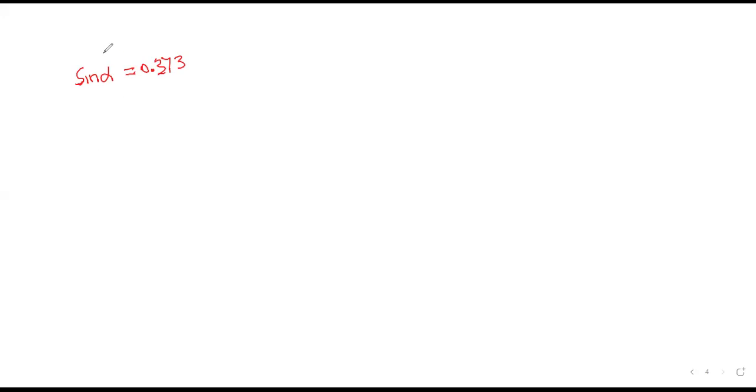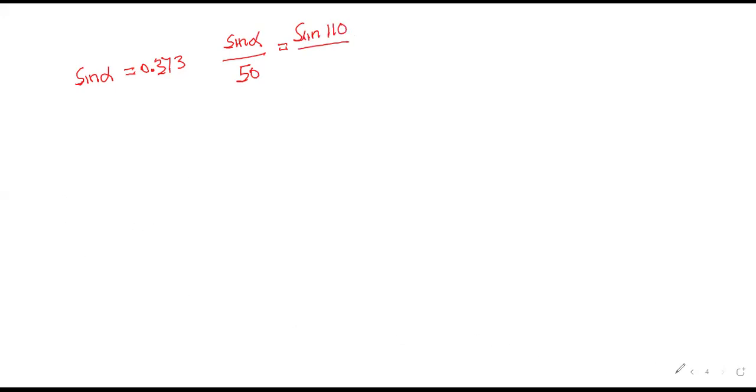Oh, we are using the sine rule. Sine of alpha divided by the opposite vector, which was 50, equals the sine of the other known interior angle divided by the resultant.